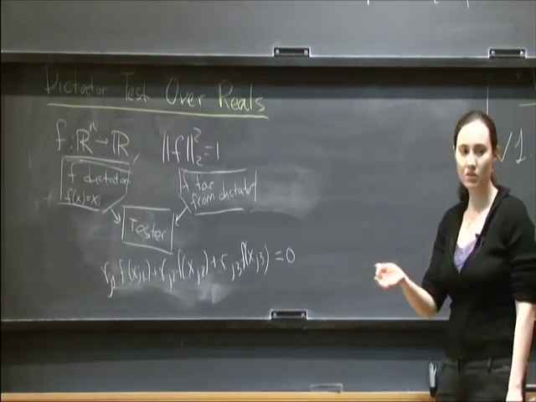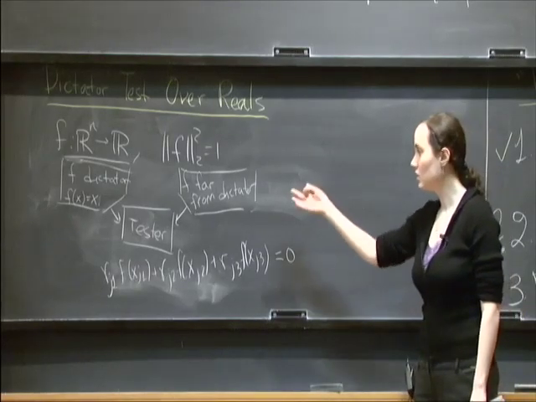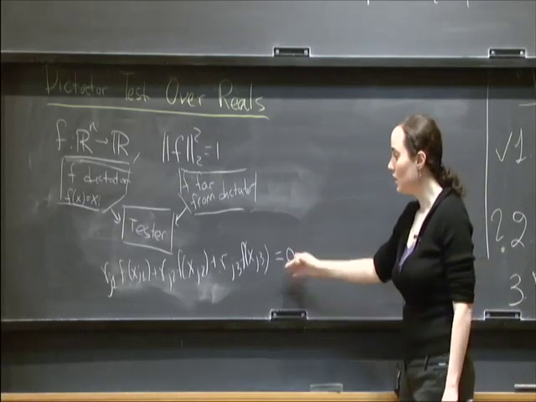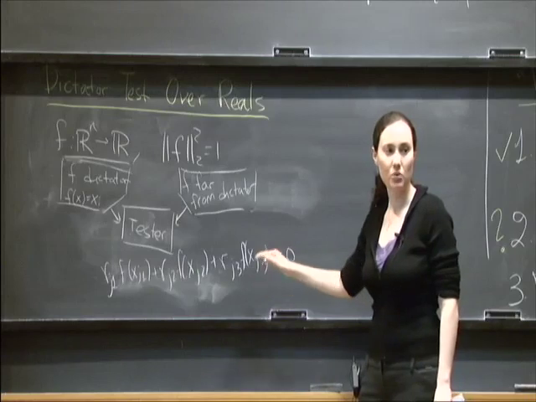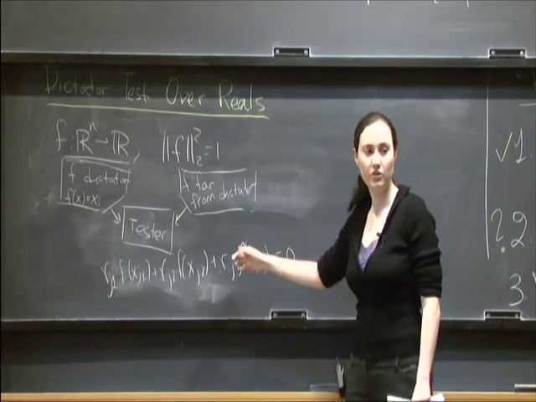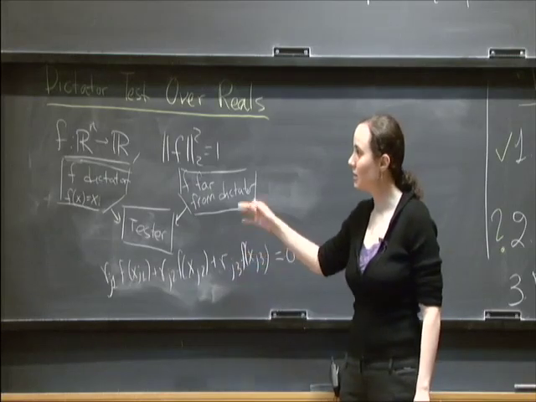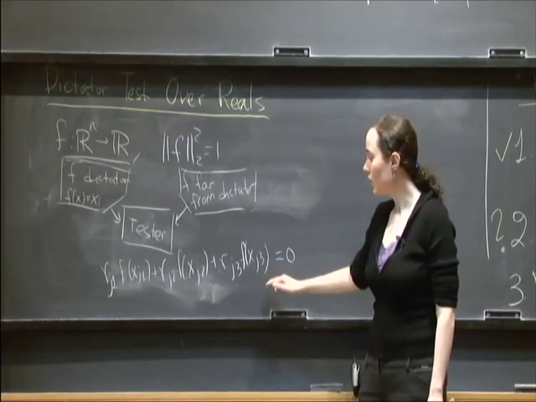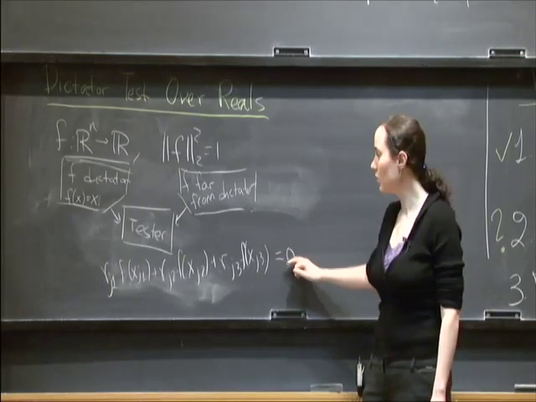So it picks 3 inputs to the function, it queries the function on those 3 points, and it performs a homogeneous linear equation over the values that it got. So this is in the language of the problem that we're interested in. And now it checks whether this is 0 or this is far from 0.